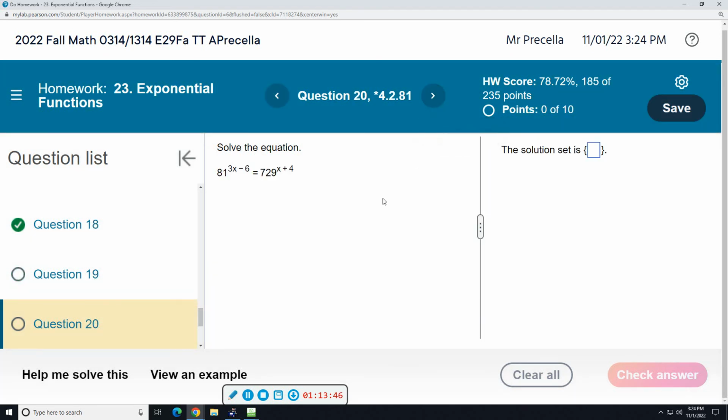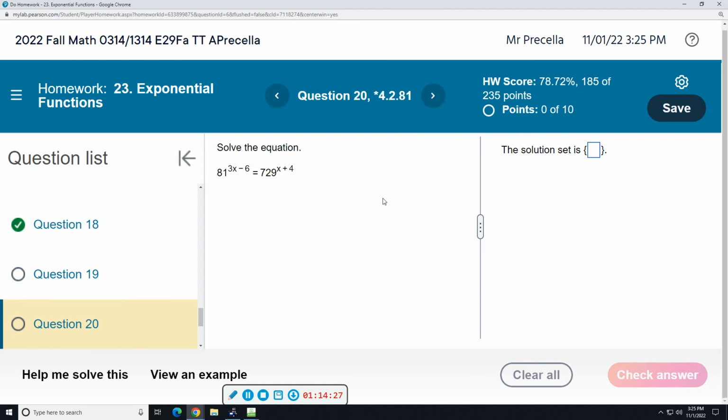So, number 20. 20 is probably the best example because it's going to clearly show my thought process. Hopefully. Let me write it down. It sure looks involved. Number 20. 81 to the 3x minus 6 power equals 729 to the x plus 4 power.